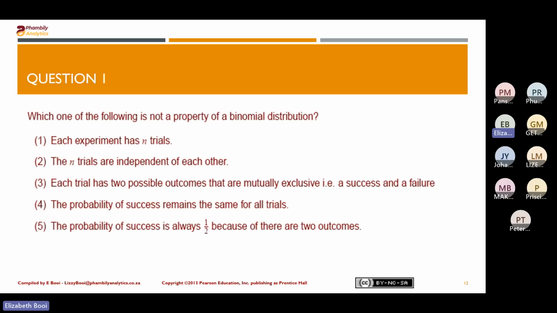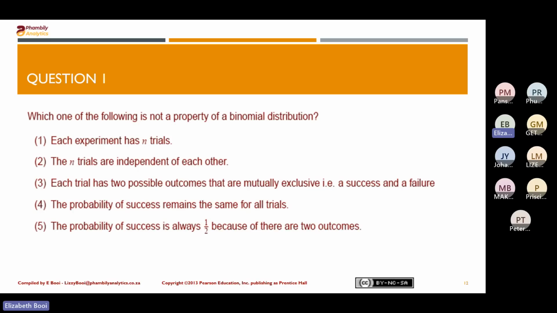Because there are two sides of it, let's use an example of tossing a coin. The probability of success will be 1/2 or 0.5, and the complement of it, the probability of failure, will be 0.5, because it's 1 minus 0.5. Does it always have to be like that? No, it does not.